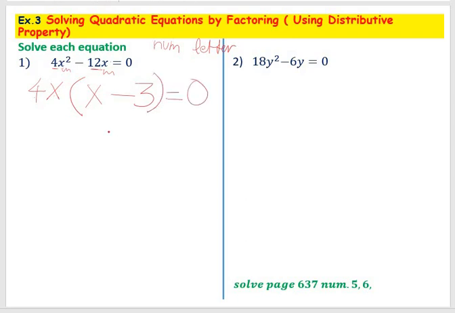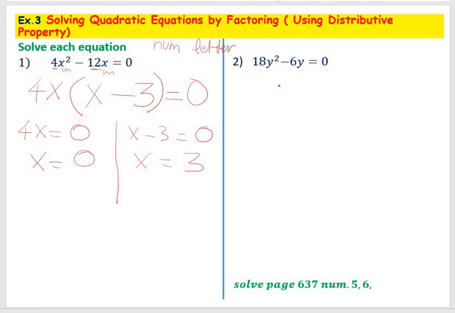This is my equation. Now, this will give me two solutions. One of the solutions is 4x equals 0, and the other one is x minus 3 equals 0. Then if I proceed with this, it will give me that x is equal to 0, and here x is equal to 3. These are my two solutions.